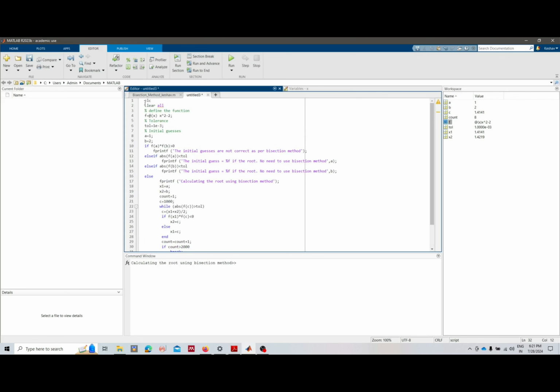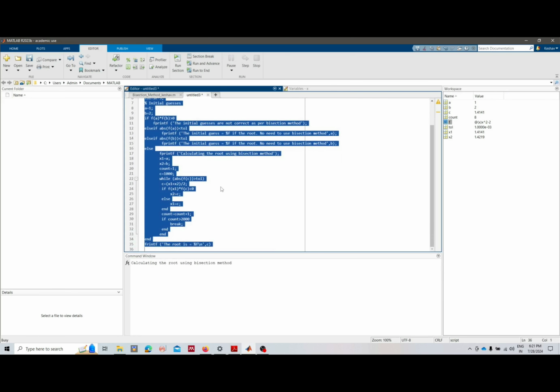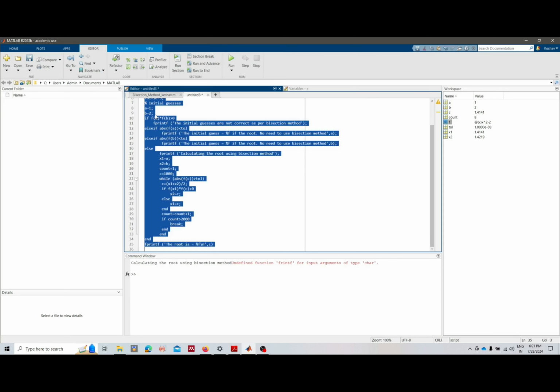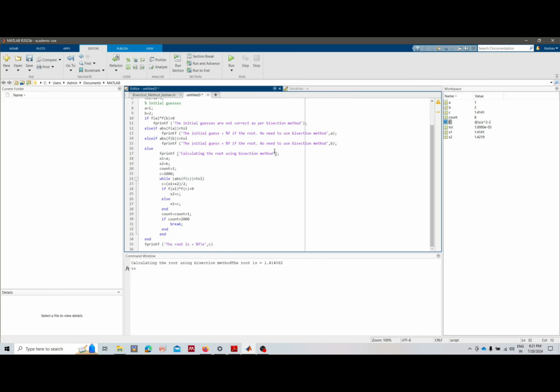If I calculate, it is showing some error. Okay, not f print, printf, fprintf. Control A, evaluate. See, calculating the bisection method, the root is showing the value.